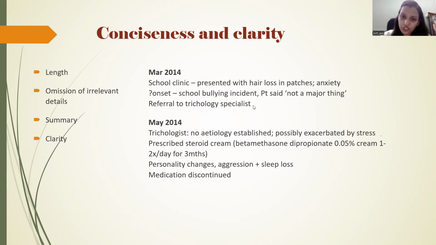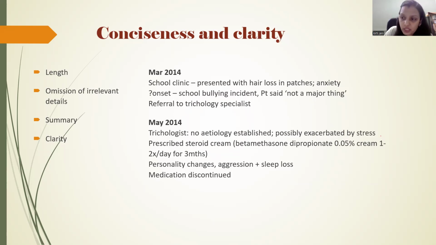Referral to a trichologist specialist. In May 2024, the trichologist assessed, no etiology established, possibly exacerbated by stress. Prescribed steroid cream, betamethasone dipropionate 0.05% cream, 1 to 2 times a day for 3 months. The patient got personality changes, aggression plus sleep loss, and the medication was discontinued.